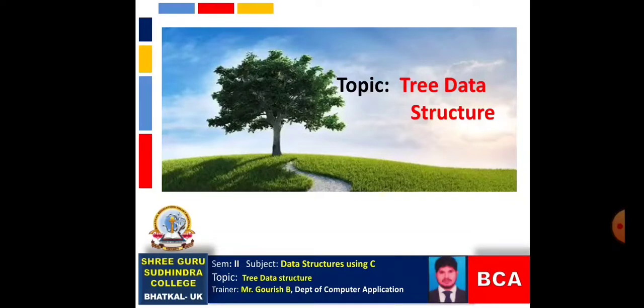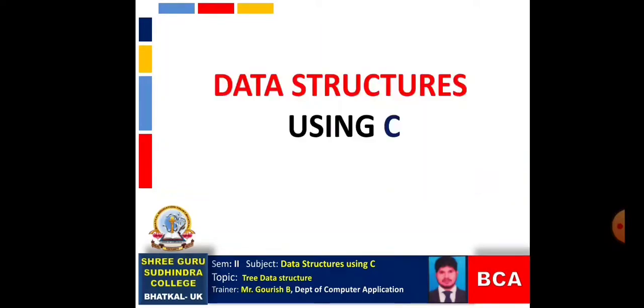Fine. See, what is a data structure? It is basically a way to organize the data in a manner such that we can process the data efficiently. So data structure is nothing but organizing the data. How to organize the data? In a way that we can process the data very efficiently.